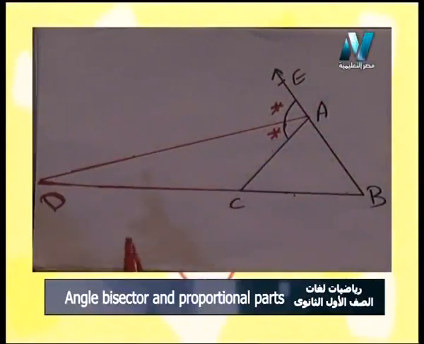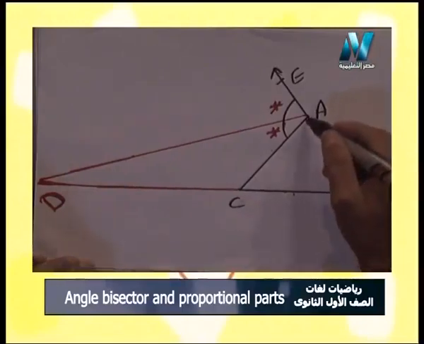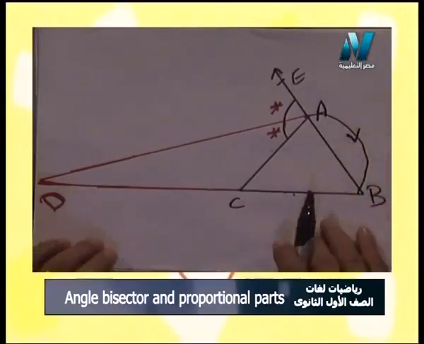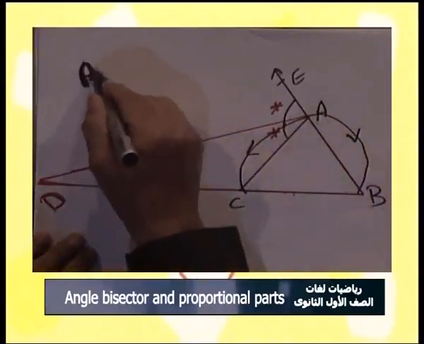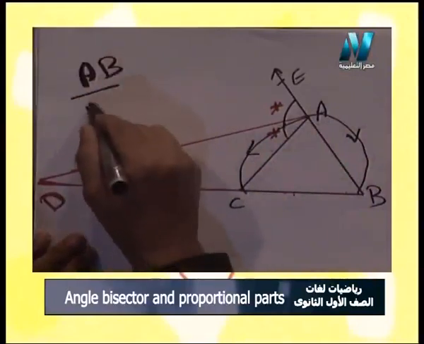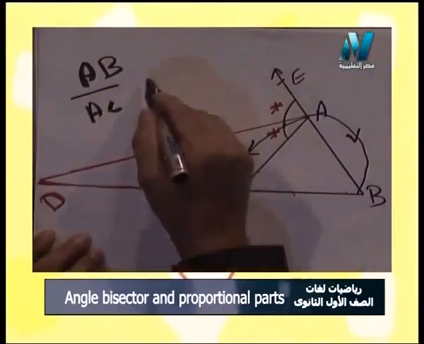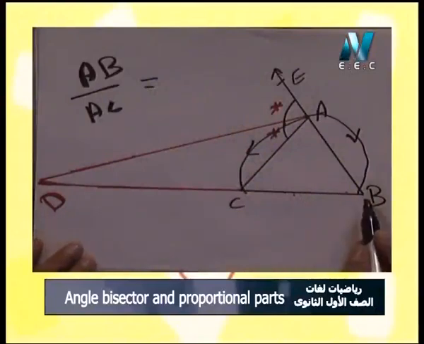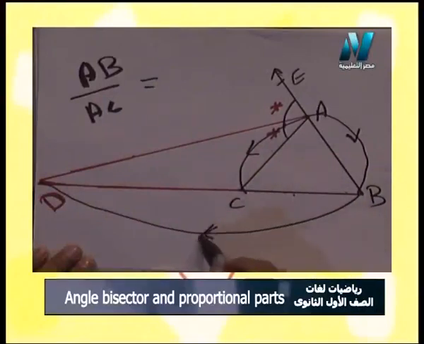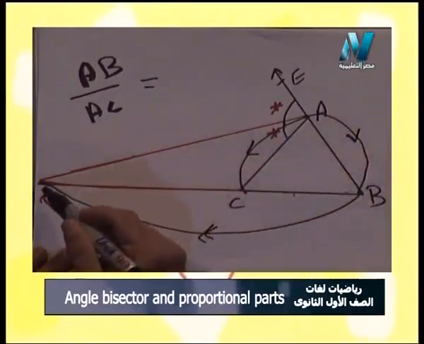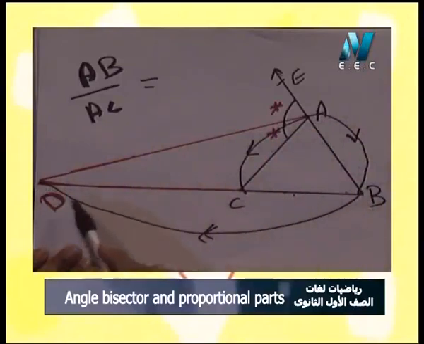Look carefully here and pay attention to find out what the ratio is. We have proportional ratios here, like the last one. We have AB over AC, we write AB here over AC, will be equal, pay attention to me, BD, which is the bisector intersection point with the ray BC here.